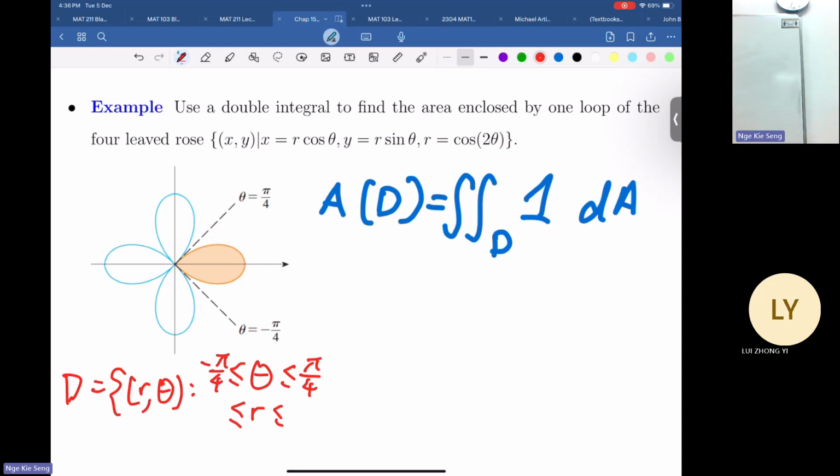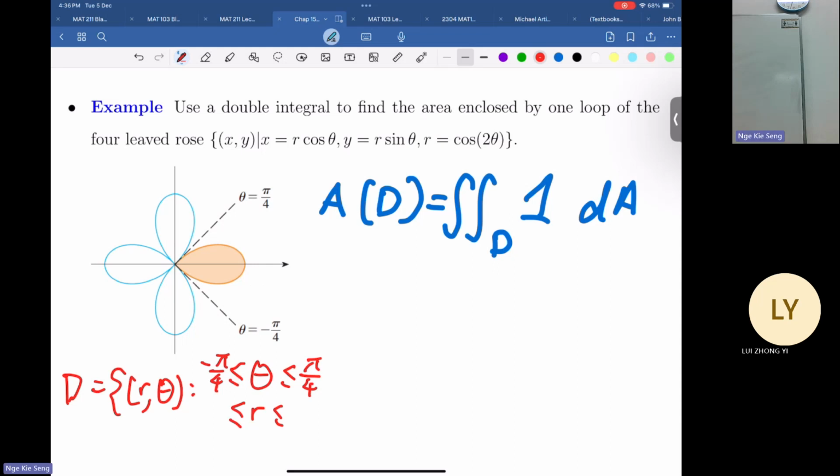So the radius is going from where to where? Bounded above by this curve here. But how about the middle point here? What's the least radius you can get? What is the smallest radius you can get from this point? You touch the origin.